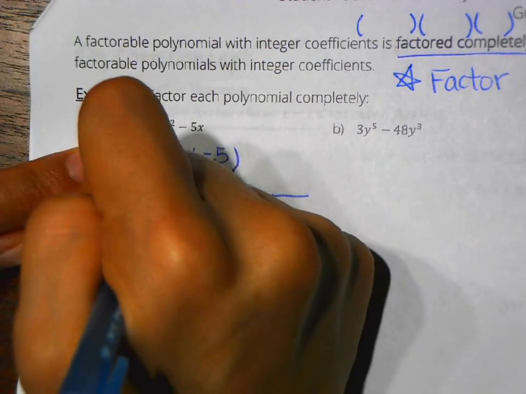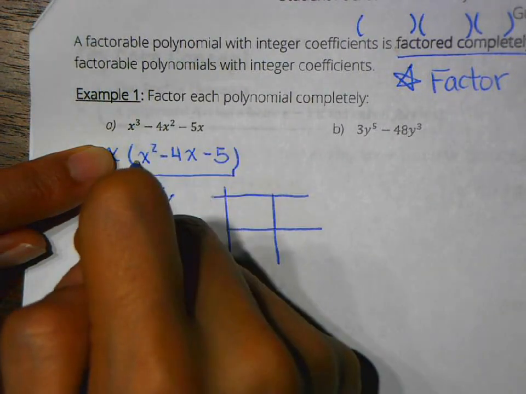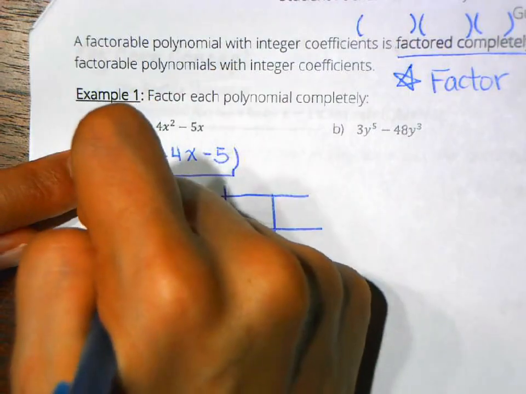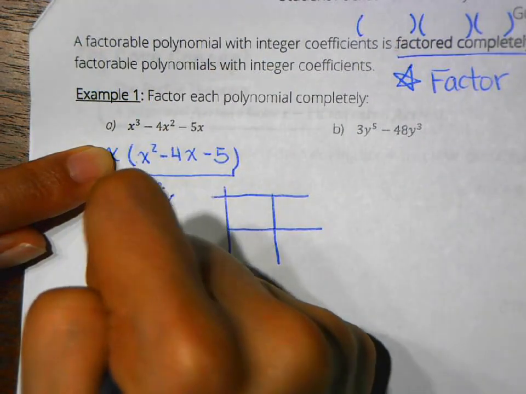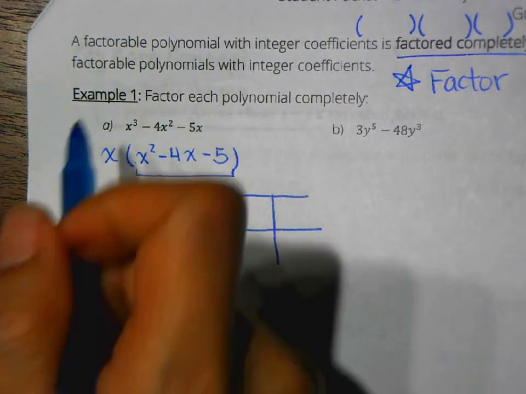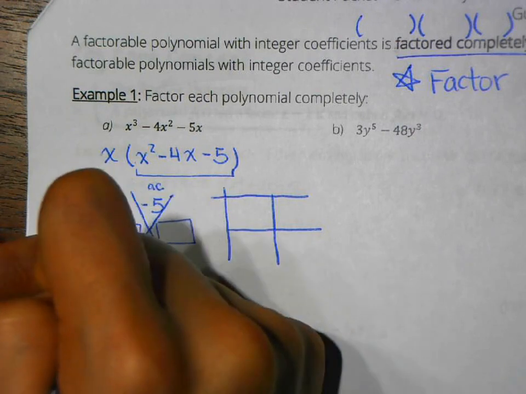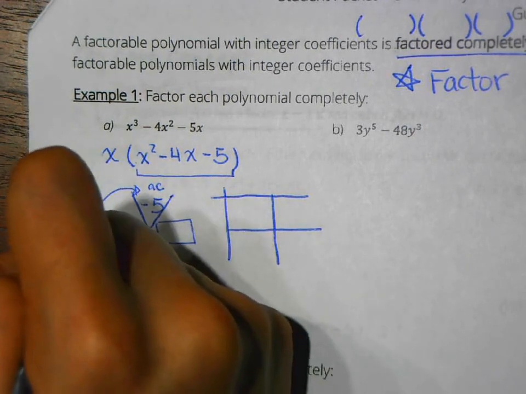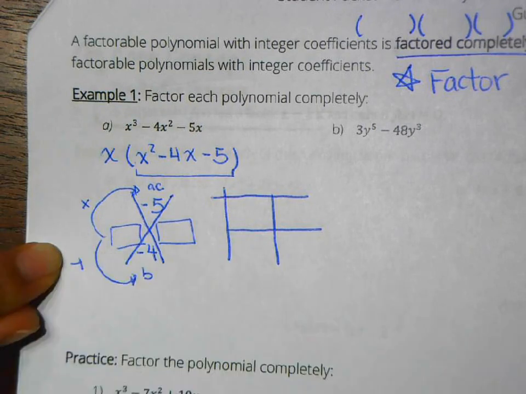Remember that AC goes on the top part, B goes on the bottom part. So A is 1. 1 times negative 5 is negative 5. B is negative 4. So now I'm looking for 2 numbers multiplied by each other to get negative 5, add to get negative 4.